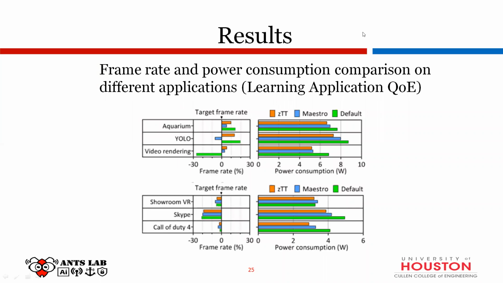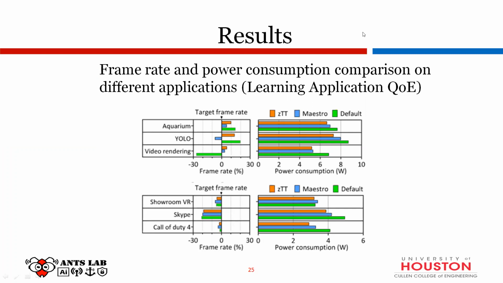First we will be looking at the learning application, as in the first implementation. Here is the graph showing the frame rate on the left and the power consumption comparison of different applications. They all set the target frame rate to a specific amount: Aquarium is 20, YOLO is 15, video rendering is 30. The more you reach towards the zero point, the better your performance is.